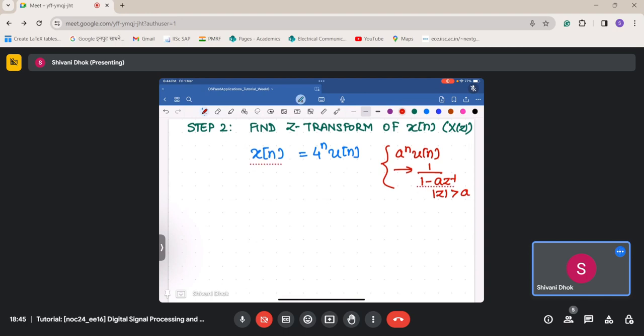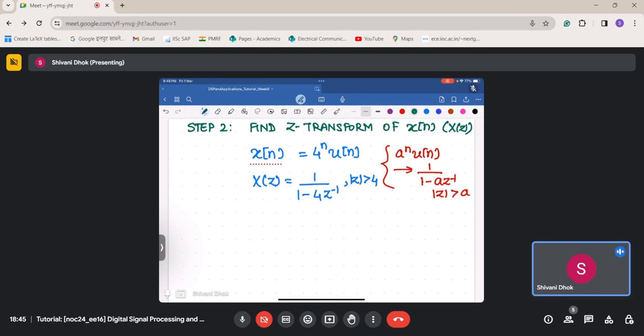So we know this thing. Therefore x of z will be equal to 1 upon 1 minus 4z inverse with region of convergence greater than 4. Okay, so we know this.